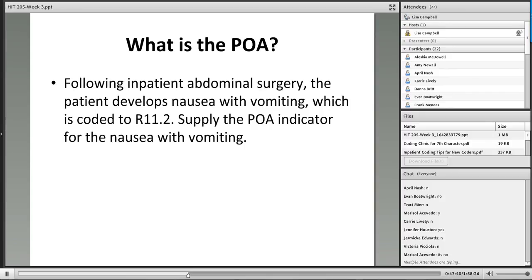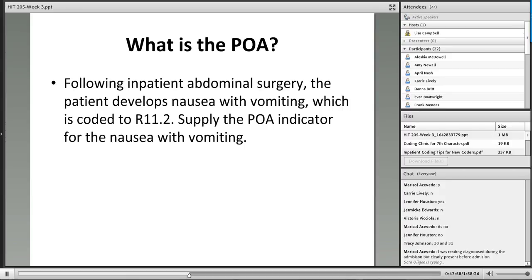But look at general reporting requirements. Second paragraph says, present on admission is defined as present at the time the order for inpatient admission occurs.